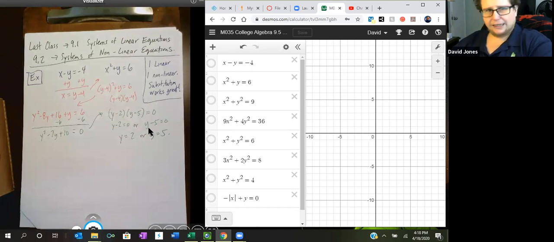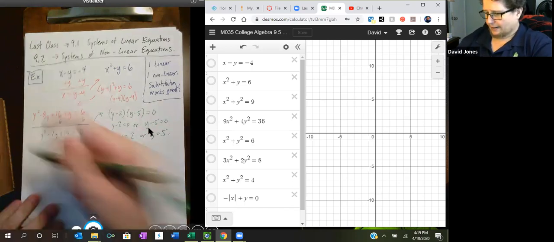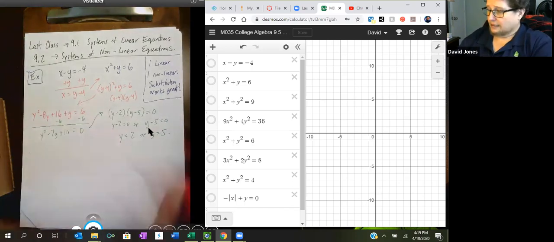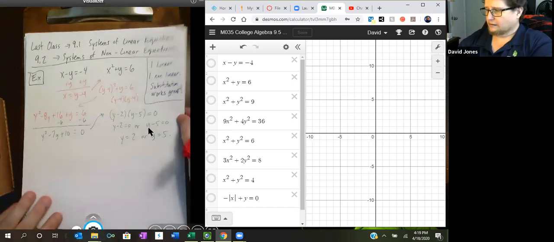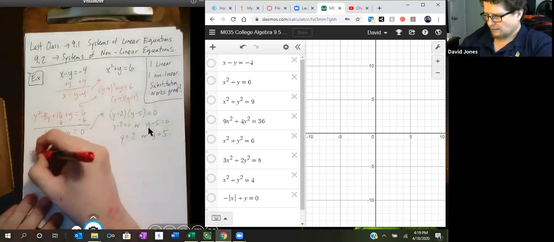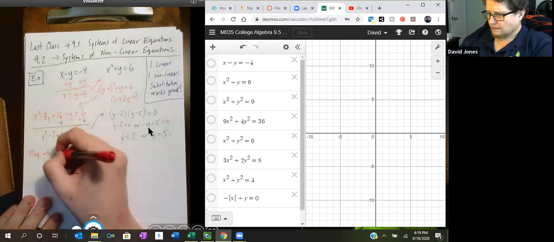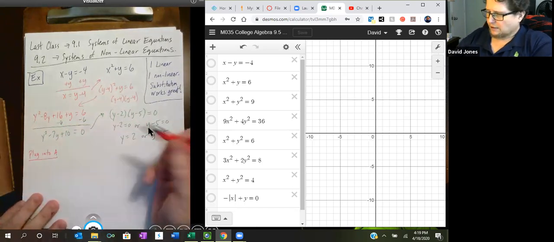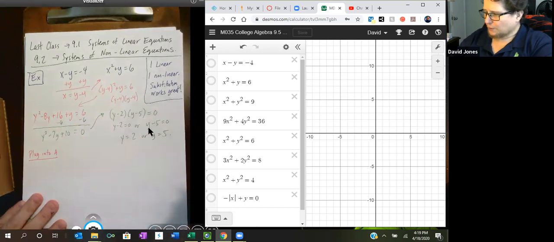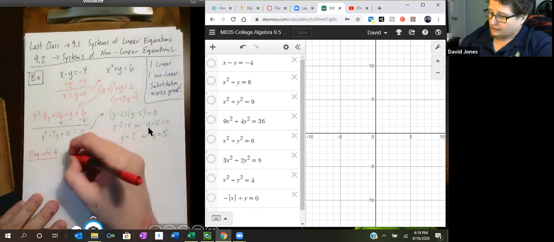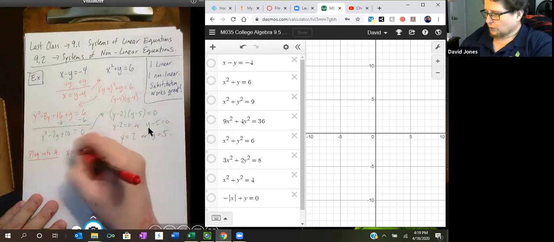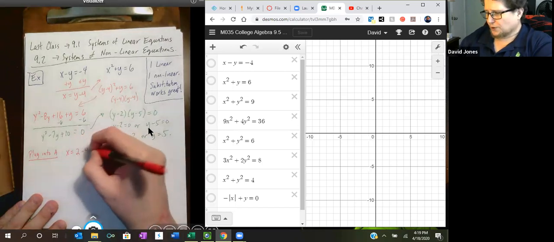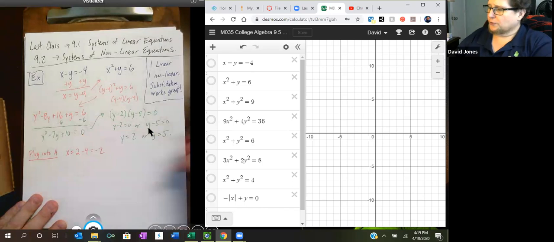Now, let's plug that into our first equation. Plug into A. So I got x equals y minus 4. x equals 2 minus 4 is -2.